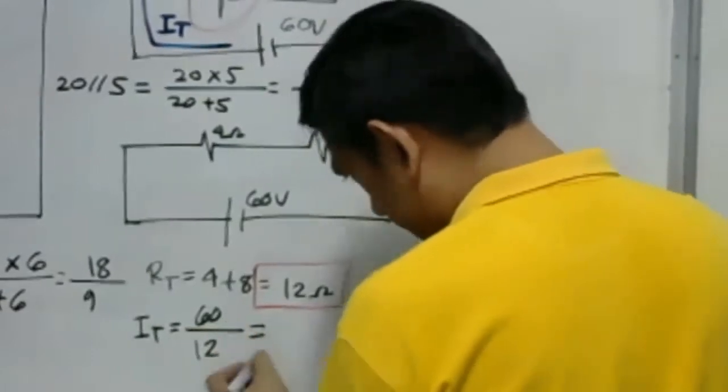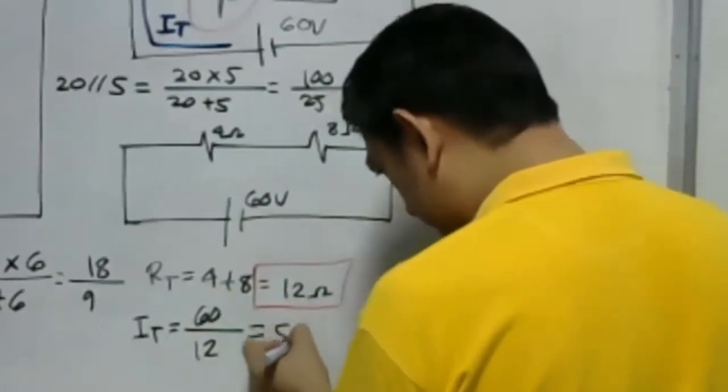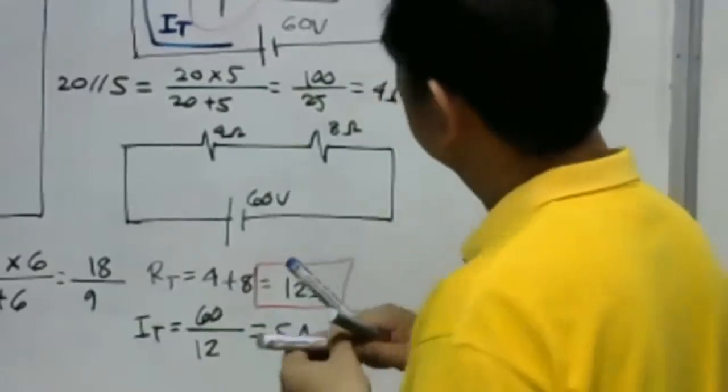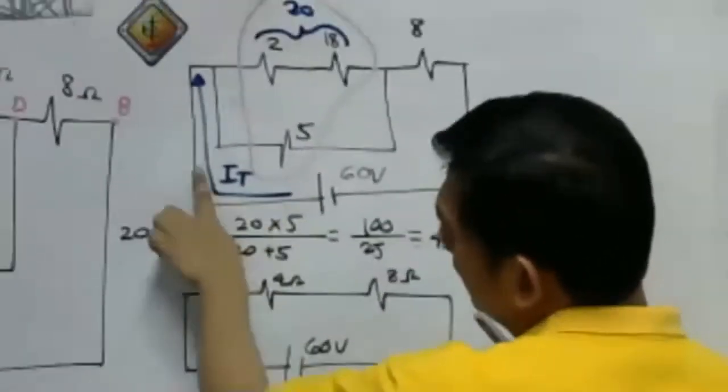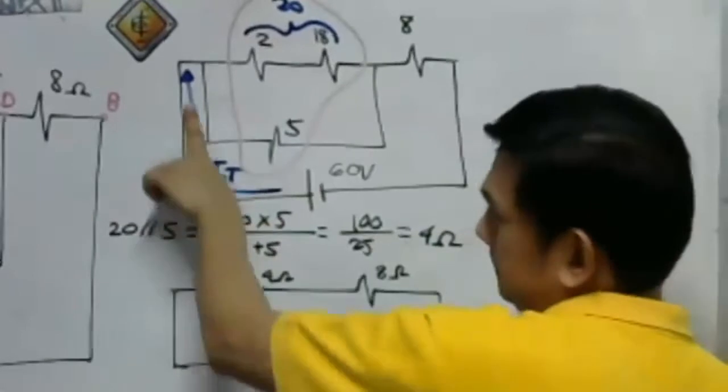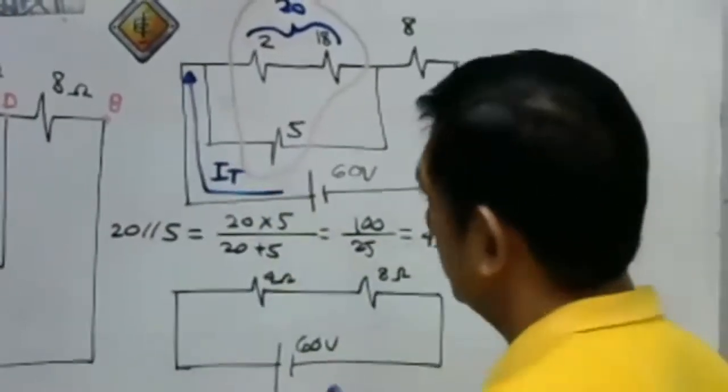Okay, so 60 over 12, that is 5 amperes. So there is a 5 ampere flowing here. That is our total current. Okay?